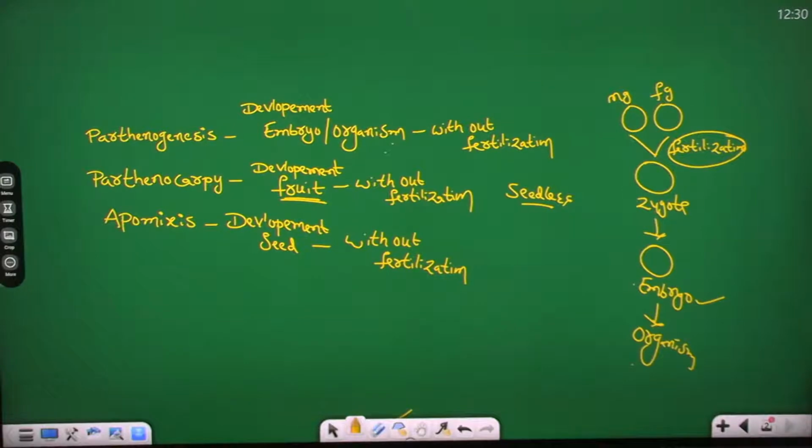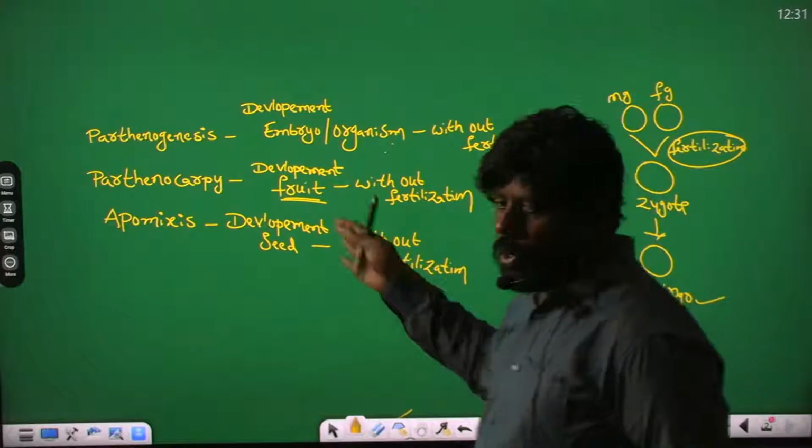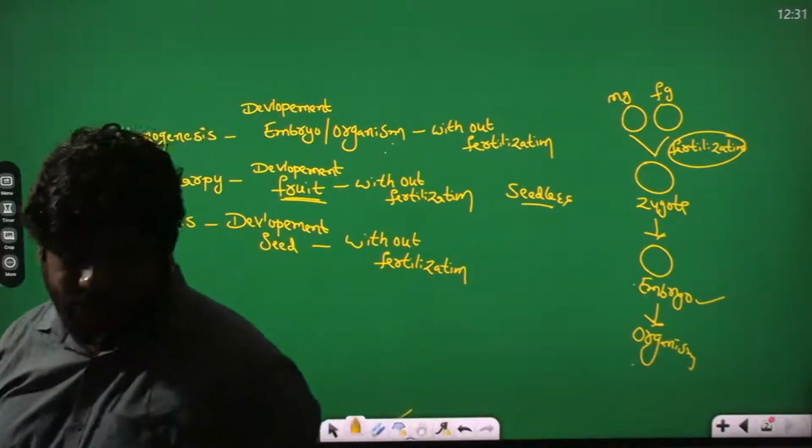Development of embryo or organism without fertilization is called parthenogenesis. Development of fruit without fertilization is called parthenocarpy. Parthenocarpic fruits are seedless fruits. Apomixis means development of seed without fertilization. These three terms are related to without fertilization only.